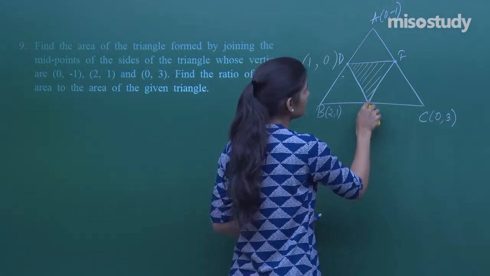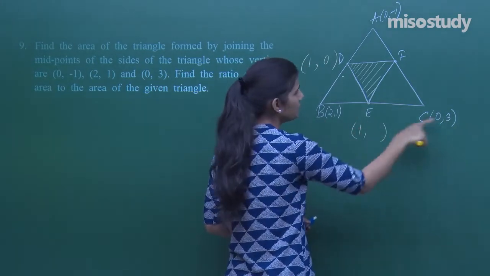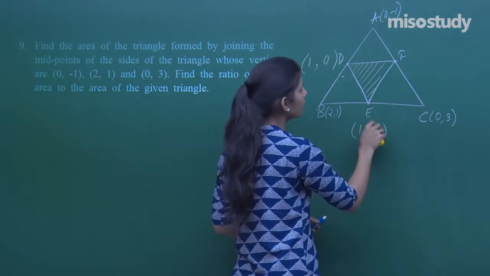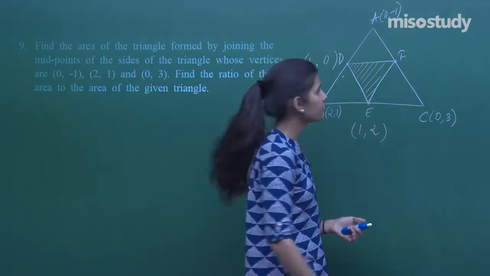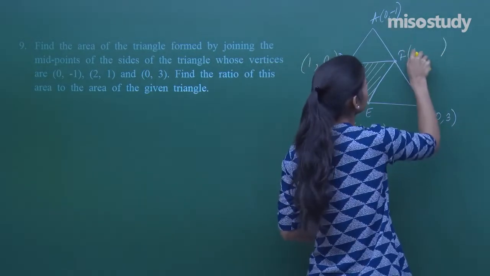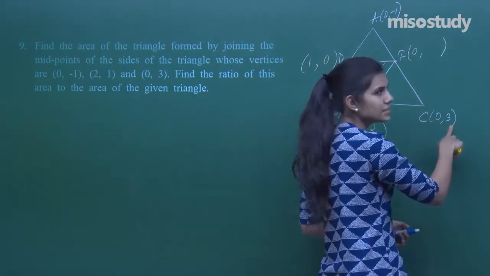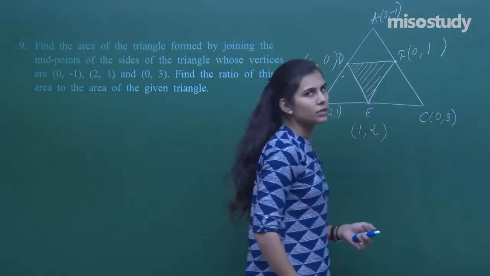What are the coordinates of point E? X coordinate would be (2 plus 0) divided by 2, and (1 plus 3) divided by 2 would be the y coordinate, that is 2, because again E is the midpoint. What are the coordinates of point F? (0 plus 0) divided by 2 is 0, (minus 1 plus 3) that is 2 divided by 2 is 1, because F is also the midpoint.